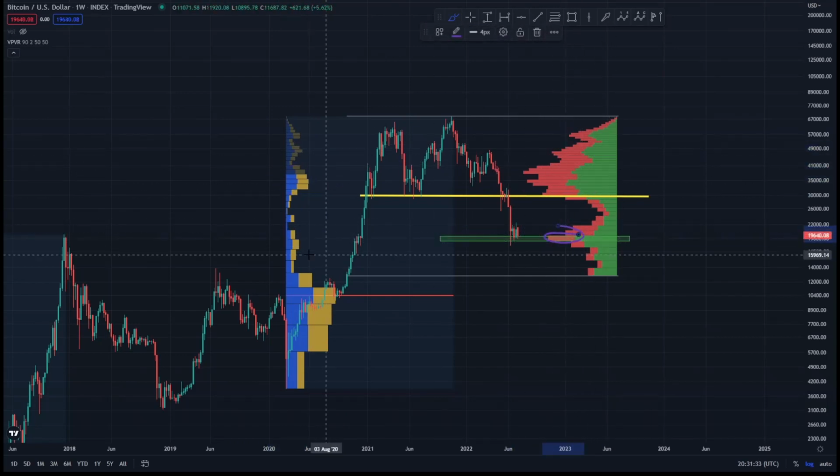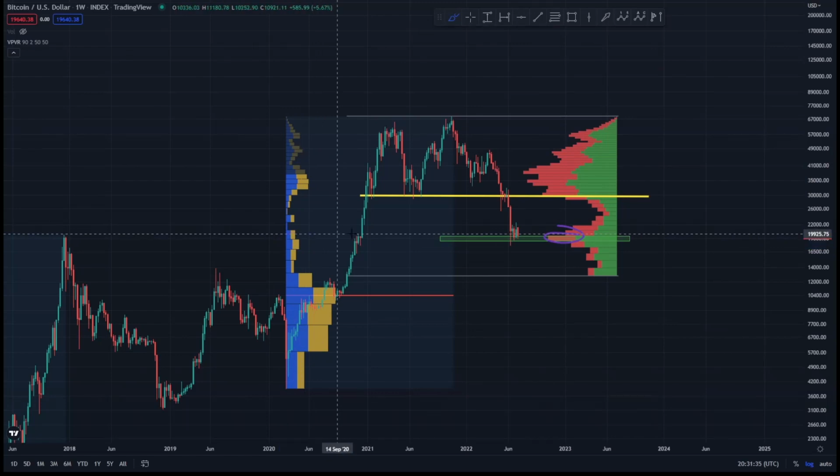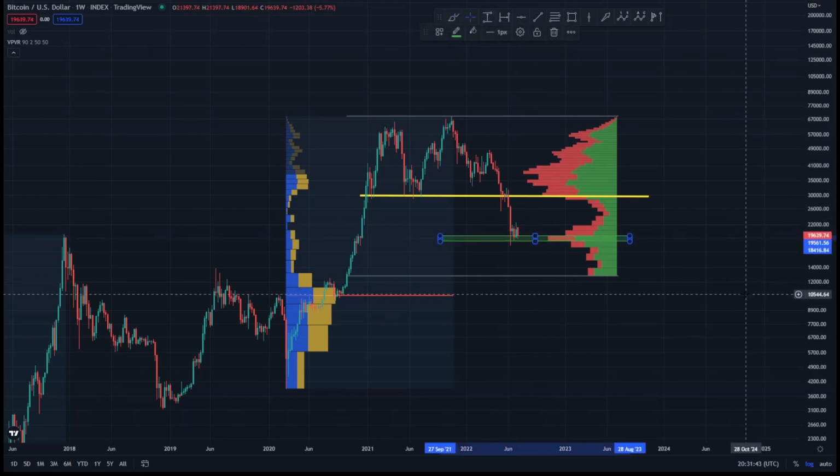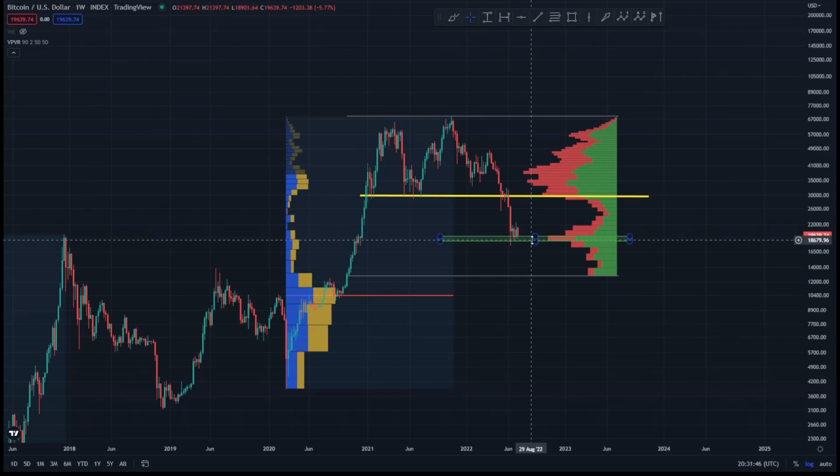This is a semi-large cluster, this is a semi-large cluster, but beneath there is really no volume traded. There are volume profiles beneath, but they are very, very weak. So right off the back, in the short term, if you do see a massive cascade below 18,500, I think we're going to take the floorboard out.